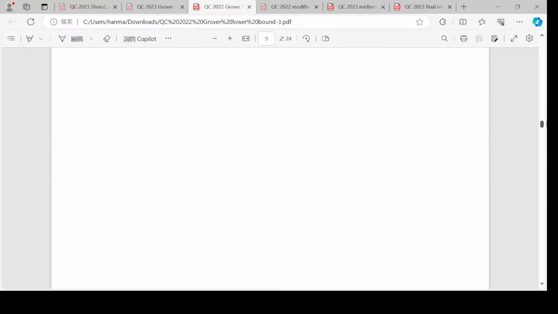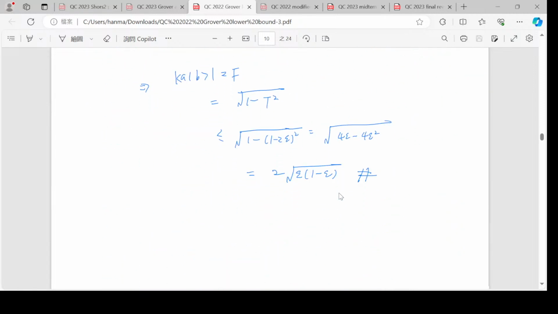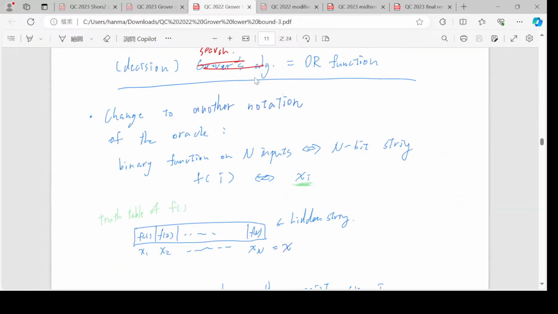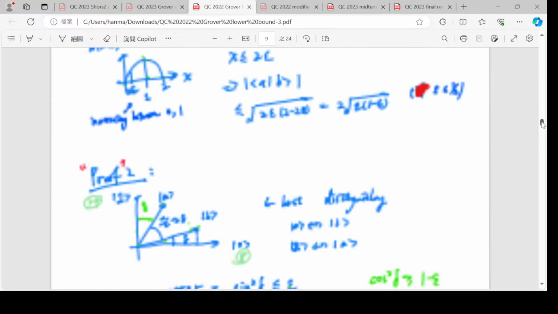We can think of the decision version of search as the OR of the truth table of your small f.